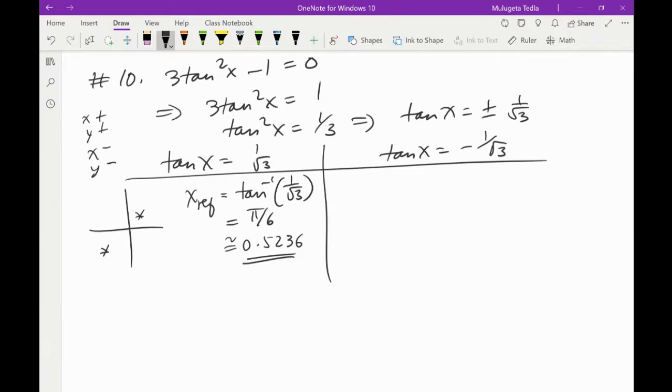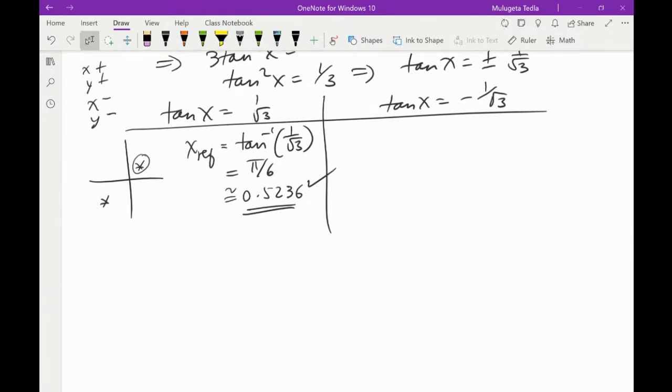That is the angle. So what is the third quadrant angle? This is an answer, by the way, because our angle also falls on the first quadrant.